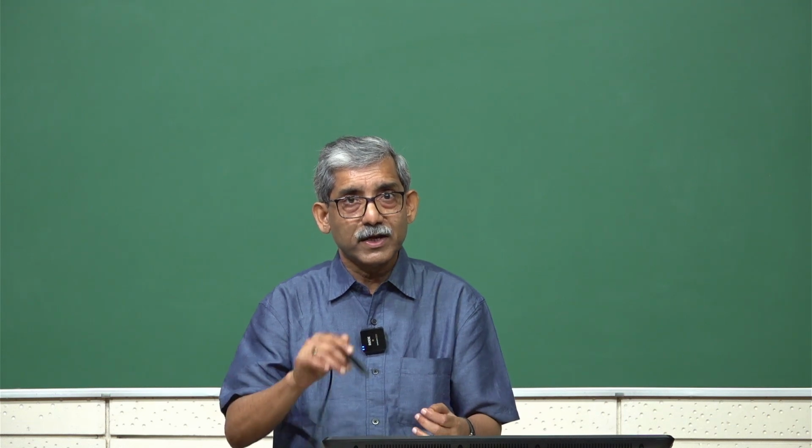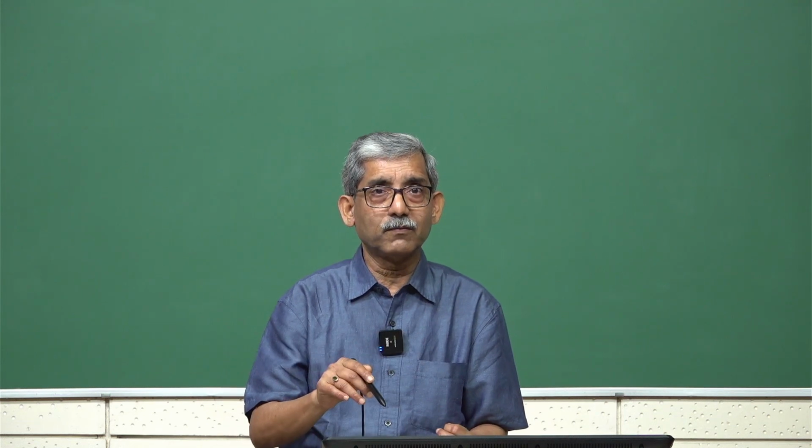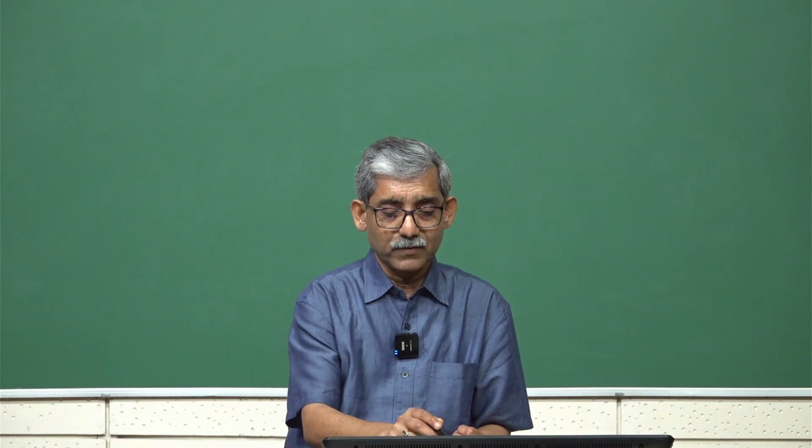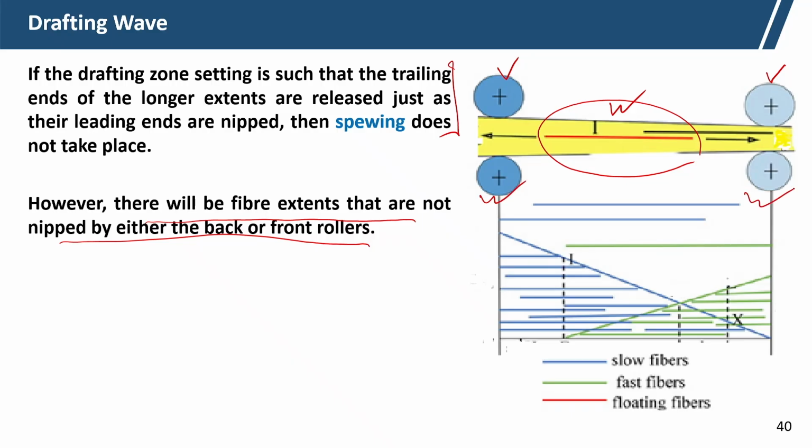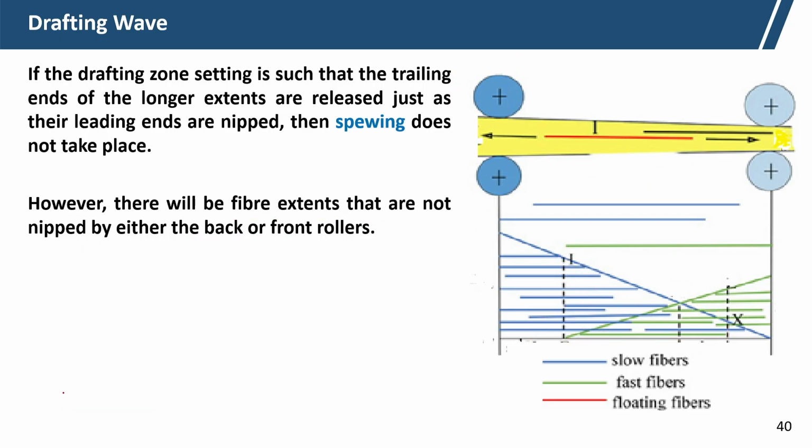If we deviate from that assumption, the actual situation will be like this, where we see many fibers actually floating. They are the floating fibers. In this picture, three types of fibers are being shown.